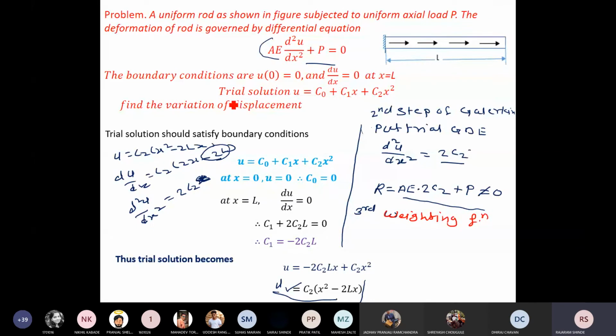Dheeraj, Cyrus Shinde. Cyrus, can you tell me what is weighting function? Weighting function is multiplier of the unknown parameter. Shreyas Chougule, why are you not telling?